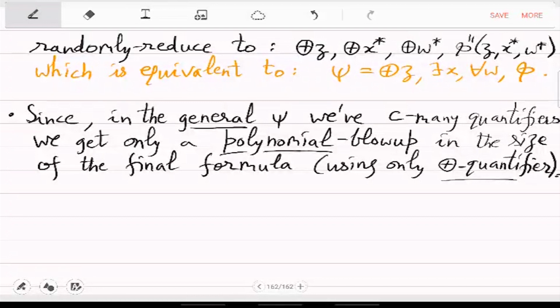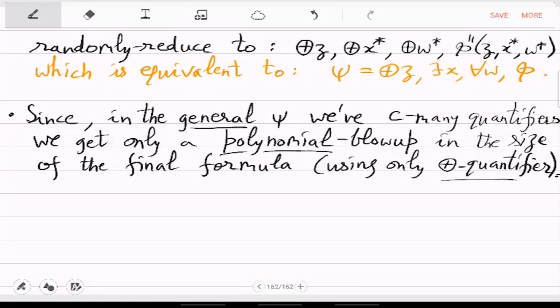Right, so this there exists for all C many times ultimately becomes a single parity. The formula keeps growing from phi to phi prime to phi prime prime and so on, but that is only a polynomial blow up because C is constant.